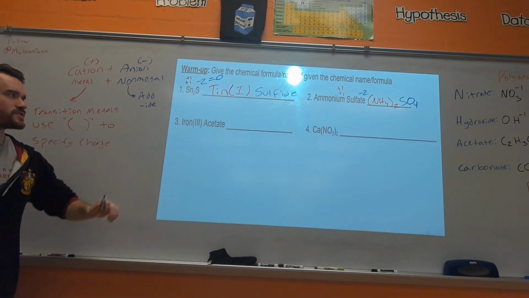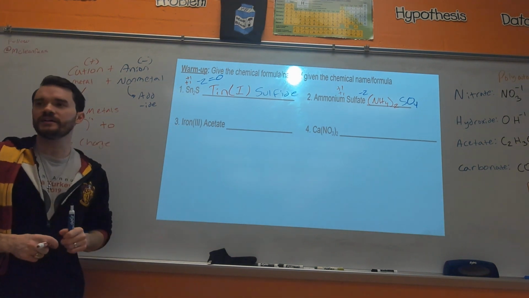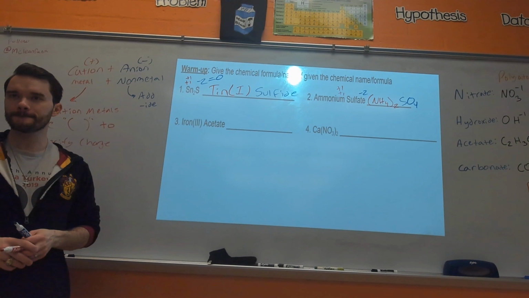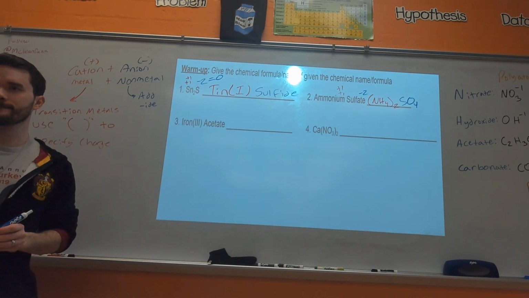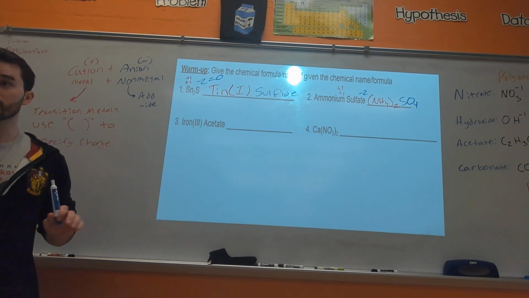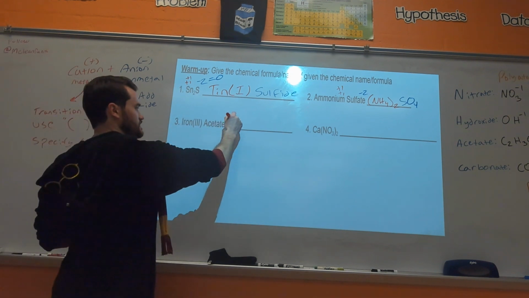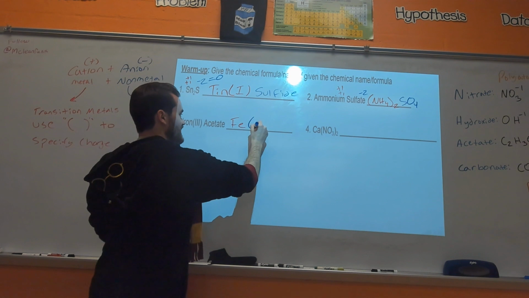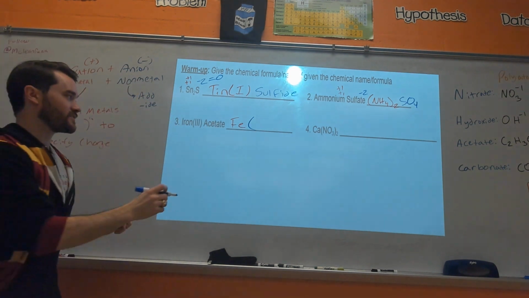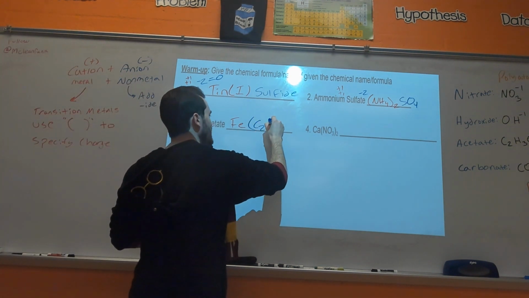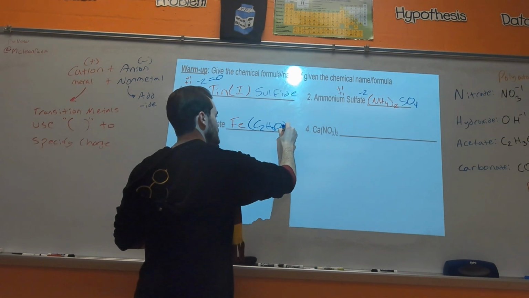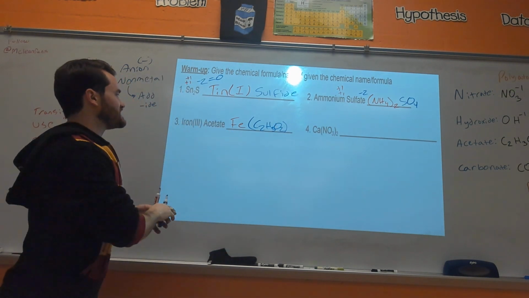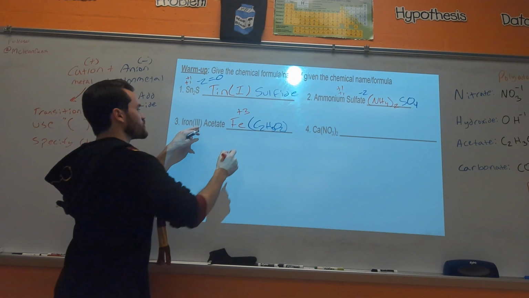Okay. All right, number 3, iron(III) acetate. How would we say that? Well, iron is Fe. Acetate, that's the one that's really complicated, right? It's C2H3O2. Now, iron is a +3 charge.